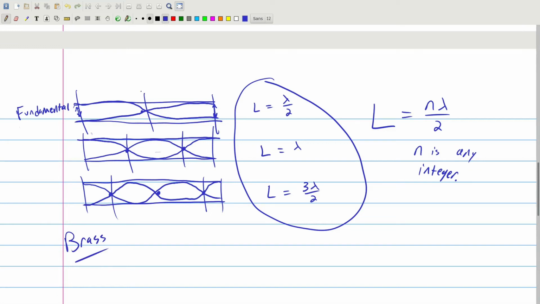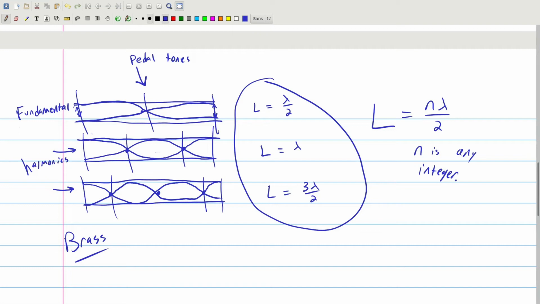When your instrument resonates in this fundamental mode, it's the lowest note you can play for that fingering. So what does that mean? These are what we often call pedal tones. And then here and here are going to be harmonics.